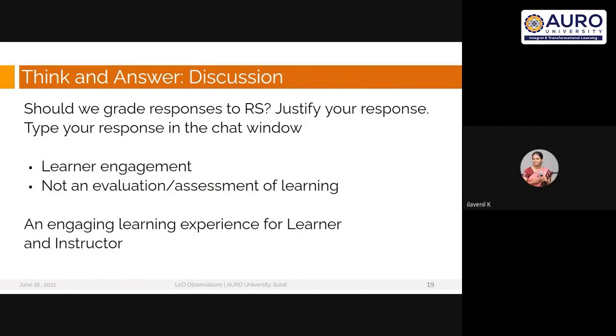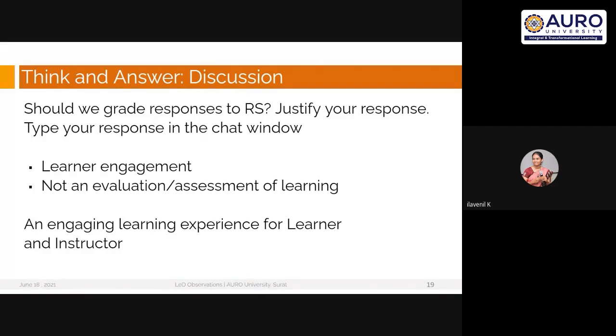Great. Yes, true. So I hope we keep this message that the prime purpose of a reflection spot is to have learner engagement in a video, or maybe you can even adapt it to a face-to-face class. But the purpose is learner engagement, and it is not intended as an evaluation or assessment of learning.